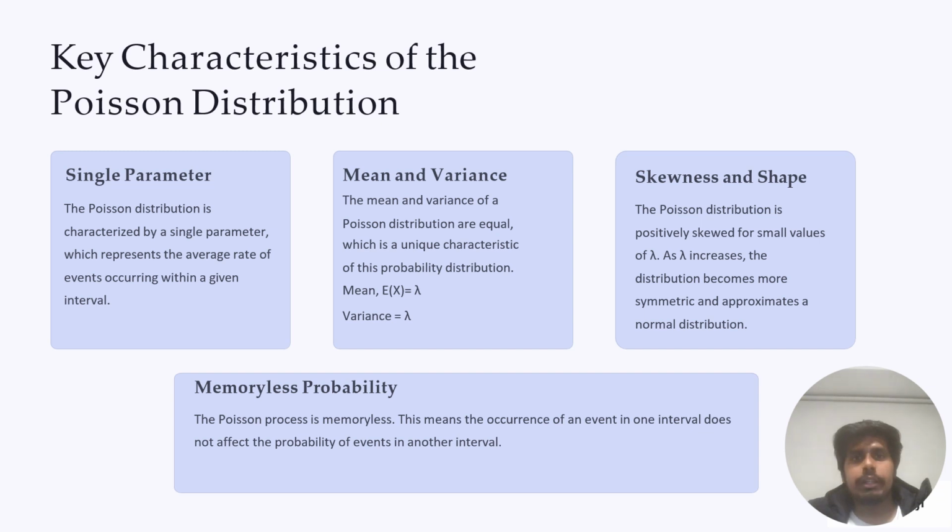Memoryless property: the distribution assumes that the occurrence of an event in one interval does not affect the probability of events in another interval. Skewness and shape: for smaller lambda values, the distribution is positively skewed. However, as lambda increases, the distribution becomes more symmetrical and eventually resembles a normal distribution.